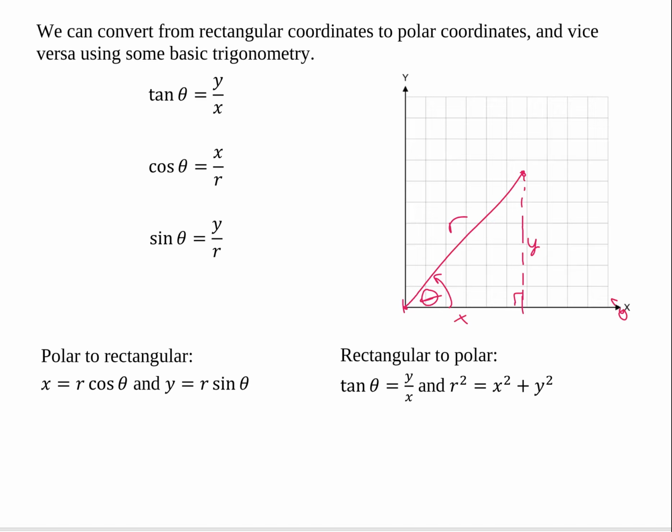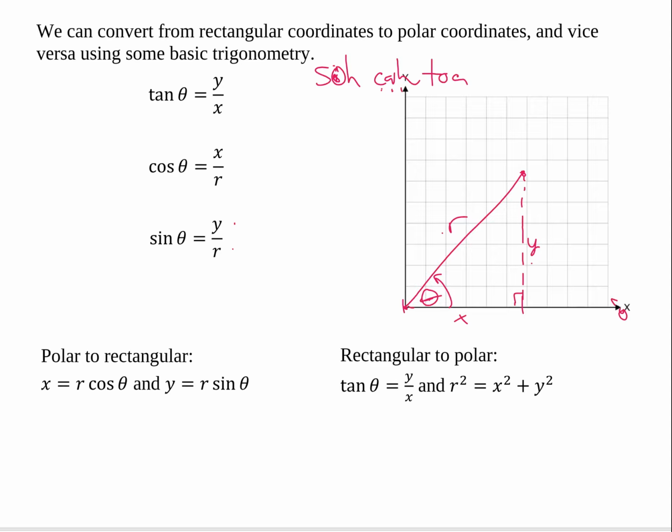So now the trig functions, SOHCAHTOA. Sine is the opposite over the hypotenuse. So the opposite side of the reference angle theta is y divided by the hypotenuse, which is r. So sine theta equals y over r. Cosine theta, so cosine is the adjacent over the hypotenuse.